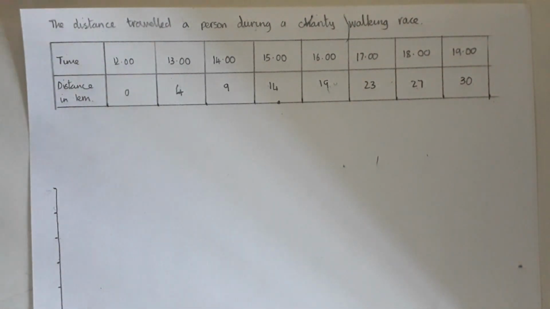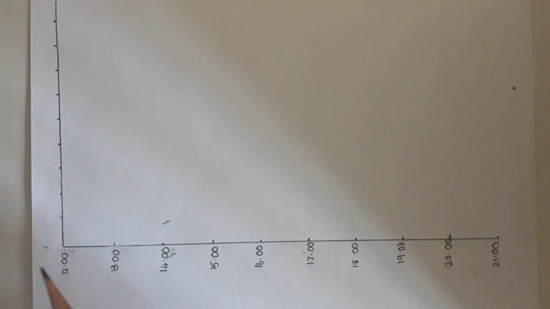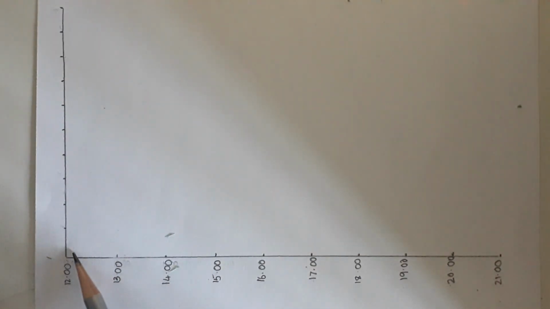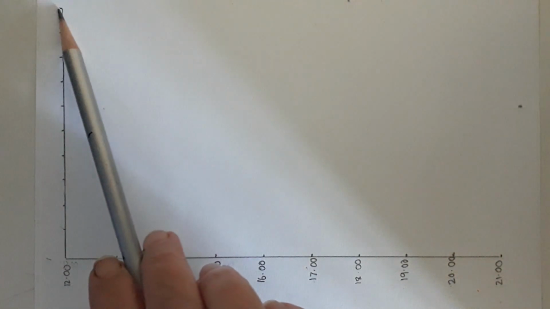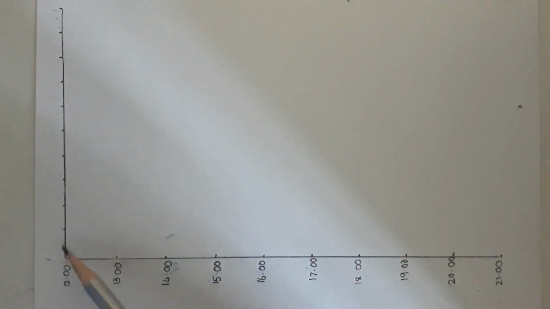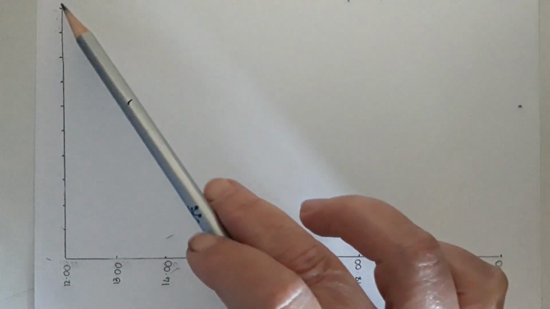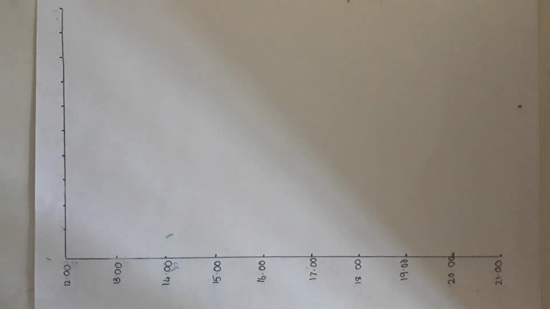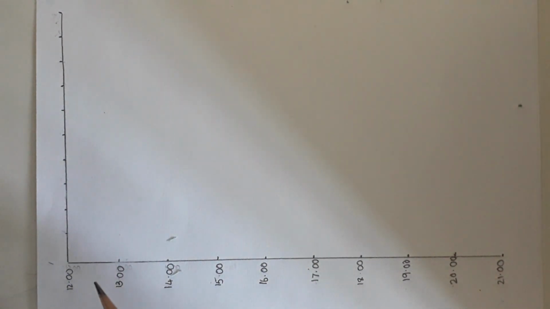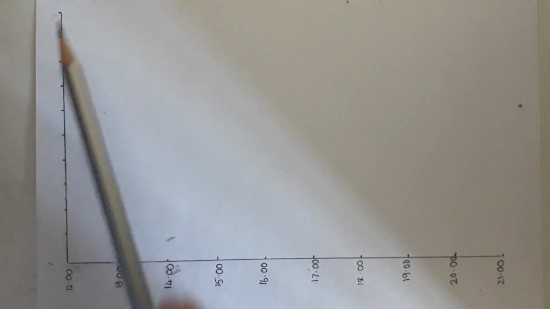So we can think, could it go up in twos? Well, that's only going to get us up to 20, because if we went 2, 4, 6, 8, 10, 12, 14, 16, 18, 20, the scale is not going to be big enough.